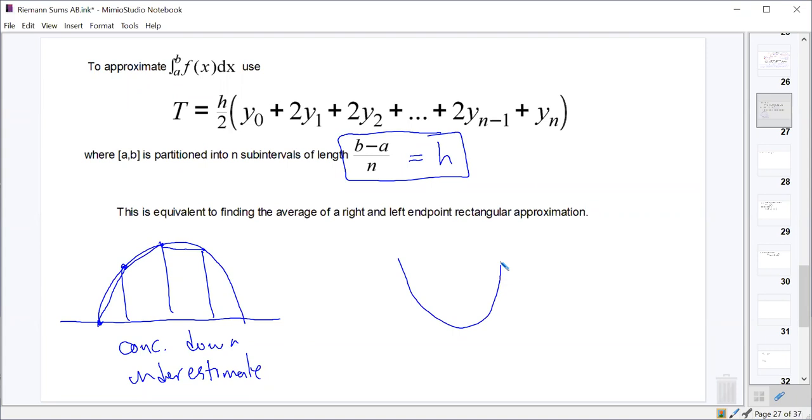And if a function is concave up, should have used a different color here, but then, that was really bad. It should be a slight overestimate. So you want to note that.